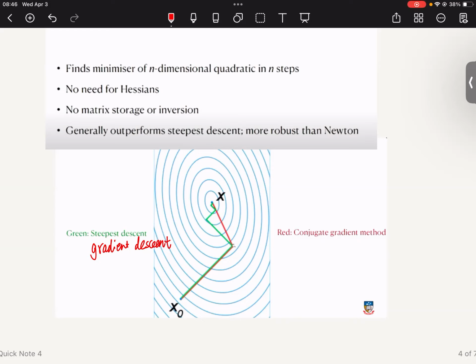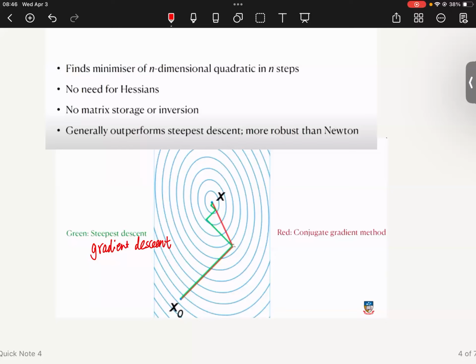If you want to minimize it, how many iterations do you need to arrive at the minimum value? It just goes once, then changes direction, and that's 2. So if you have an n-dimensional problem, it arrives at the minimum value in at most n steps. That's the good thing about conjugate gradient.